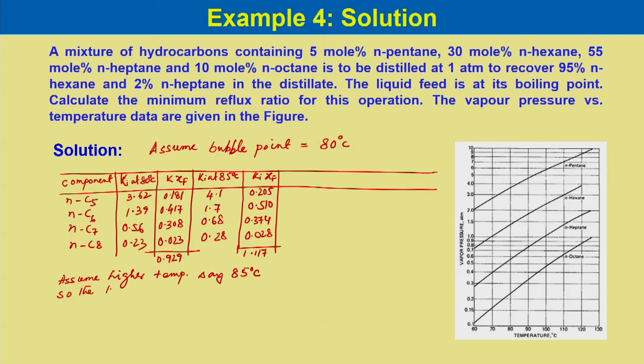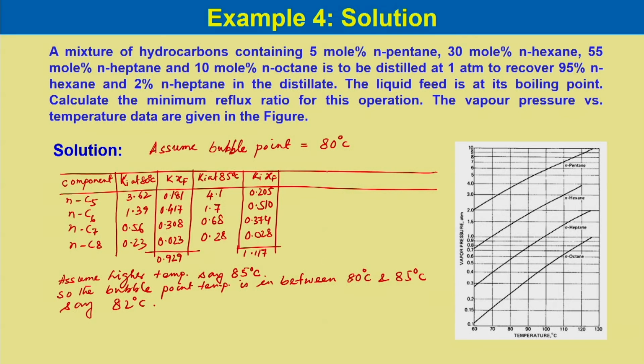The bubble point temperature is in between 80 degree centigrade and 85 degree centigrade, say 82 degree centigrade.